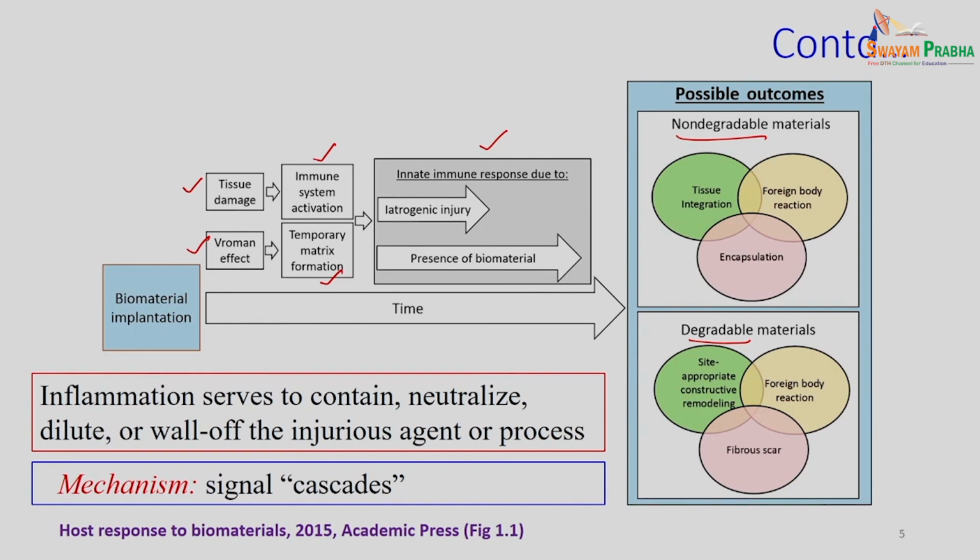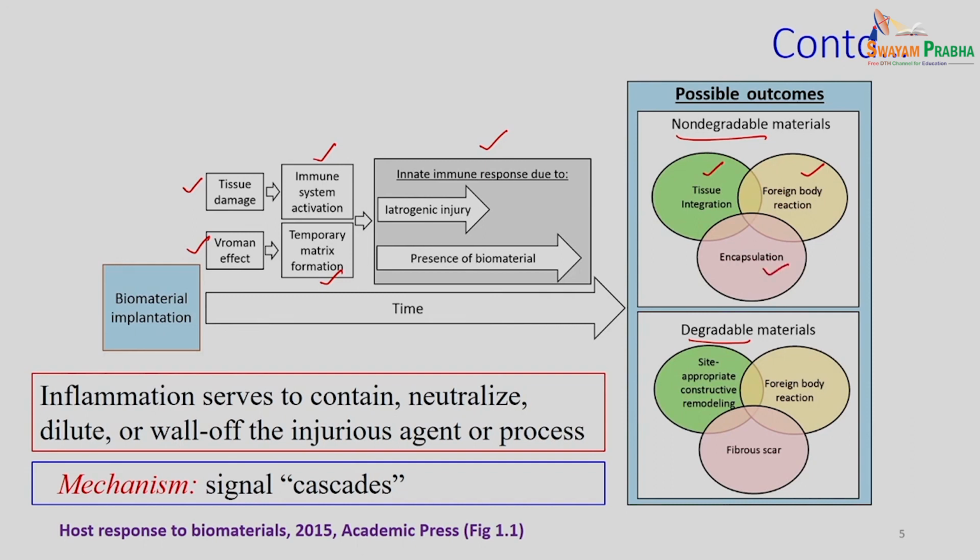And finally, what is the possible outcome? If it is a non-degradable material, it means it will be present inside the body for a longer duration. So, it causes tissue integration, foreign body reactions, and encapsulation.